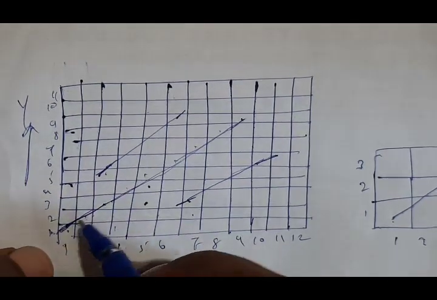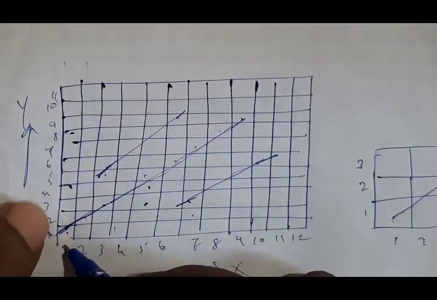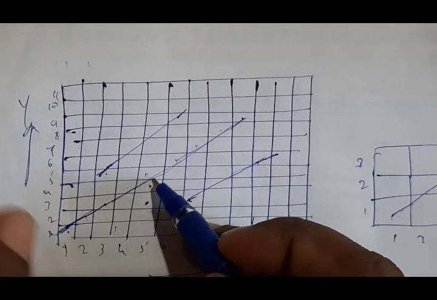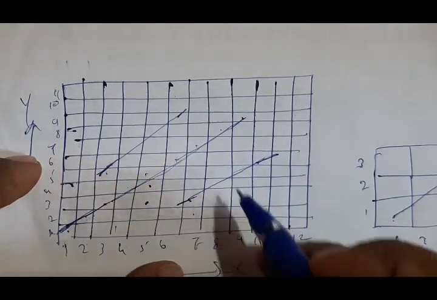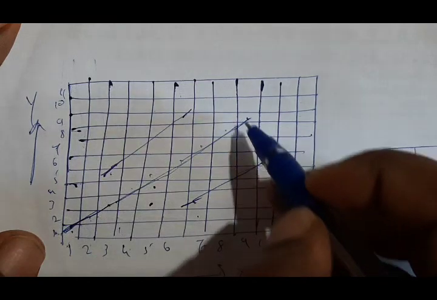If the slope is 1, this line goes 1 1, 2 2, 3 3, 4 4, 5 5, next 6 6, both x and y value 6 6, then 7 7, and this one is 9 9, no?